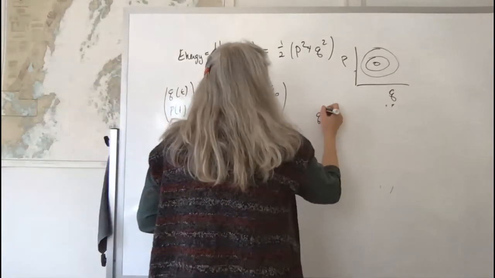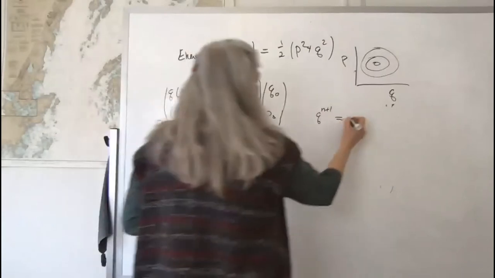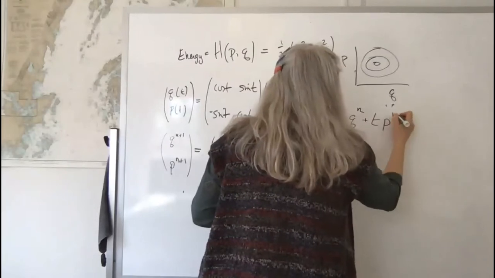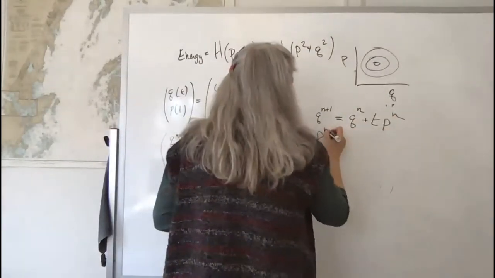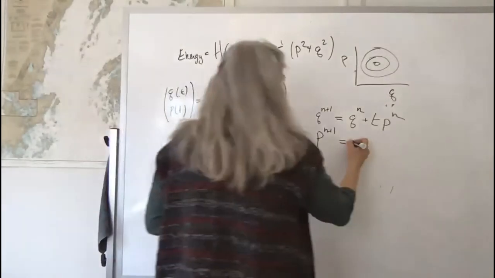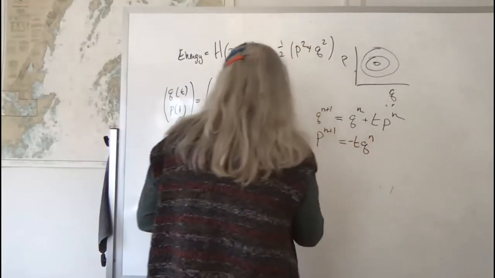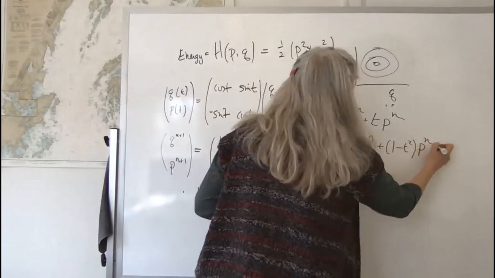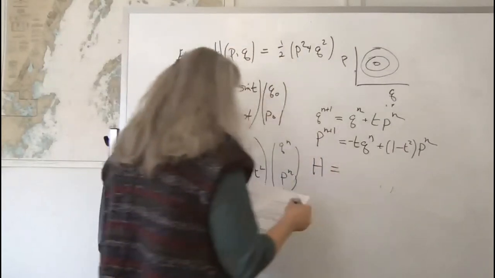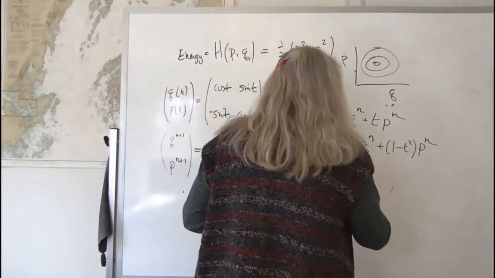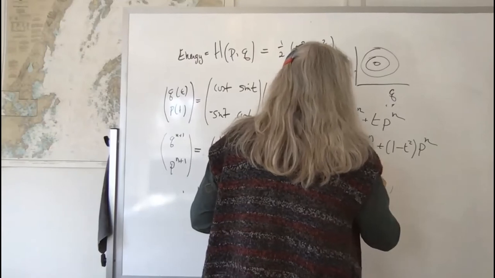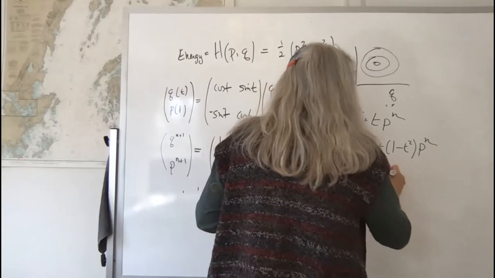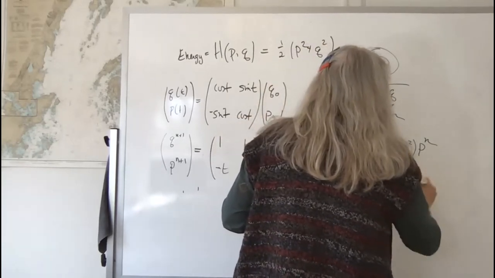Q to the n plus 1 is equal to Q to the n plus T times P to the n, and P to the n plus 1 is equal to minus T times Q to the n plus 1 minus T squared times P to the n. And now I want to compute the new H. That's 1/2 P squared, the P n plus 1, so this is going to be the new H, squared plus Q n plus 1 squared.